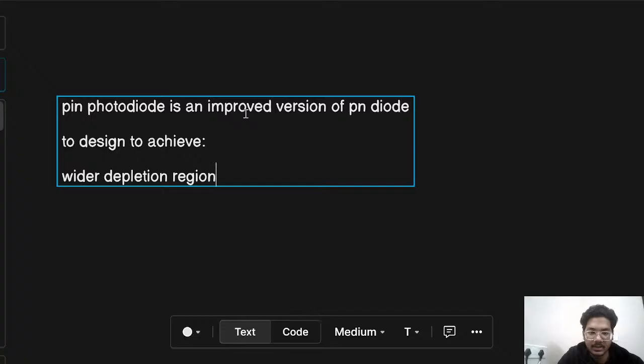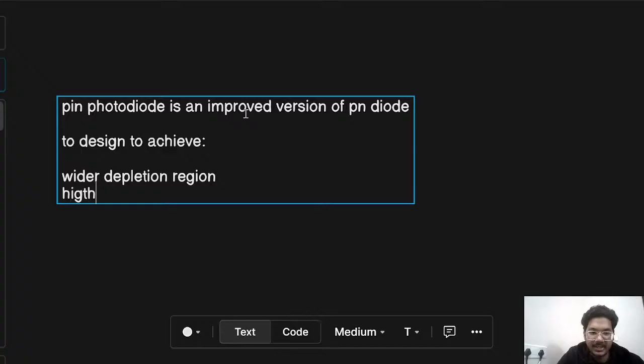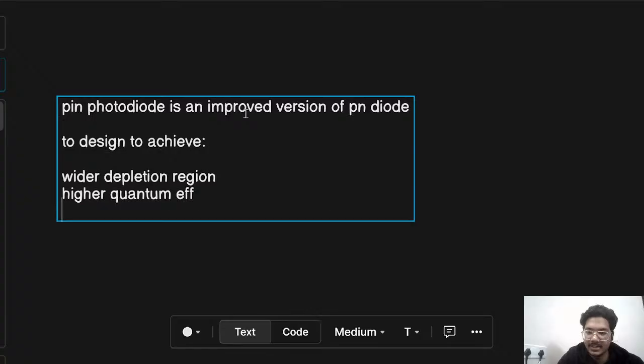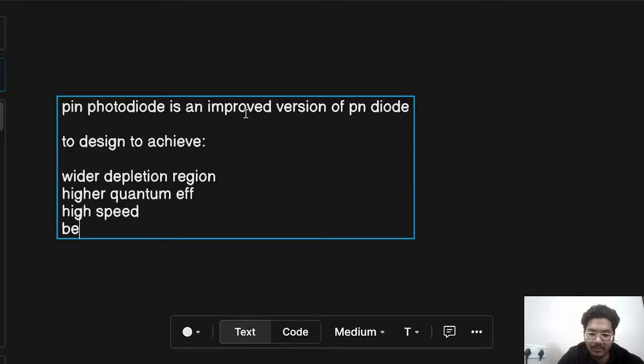As the depletion region gets wider and more absorption happens, the sensitivity increases, but the speed is reduced a little bit. Second, higher quantum efficiency. Third, high speed, and better performance at long wavelengths. This is the main goal of the PIN diode.